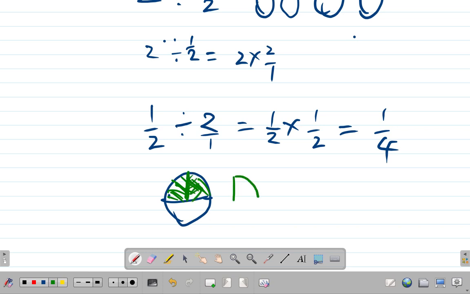A quarter. So half divided by 2 is a quarter. So you see it works when you multiply by the reciprocal of the denominator. It always works, whether it's a number divided by a fraction, a fraction divided by a number, or whatever it is.